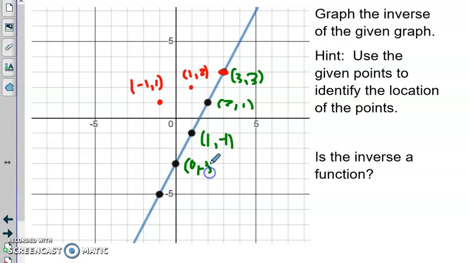So its inverse point would be at -3, 0. And the last point is at -1, -5. So its inverse point's at -5, -1.